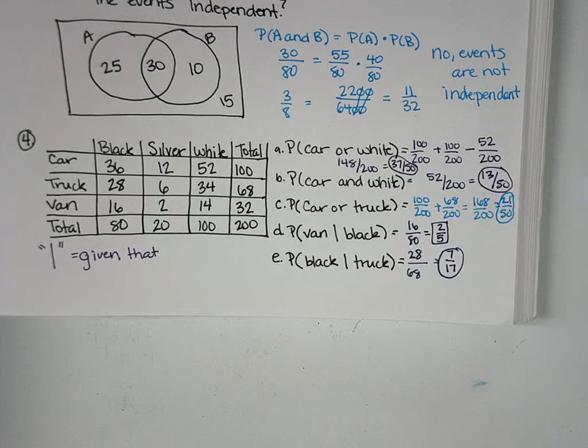Now, of those 100 that we filtered down, so the not cars, how many were not black? You're going to add up these 4, because those are my not black and not cars. 56. And then reduce it.